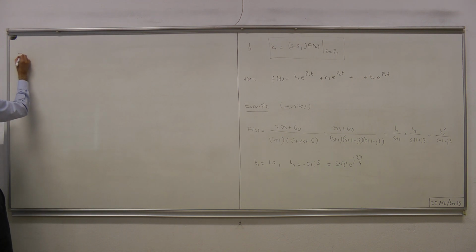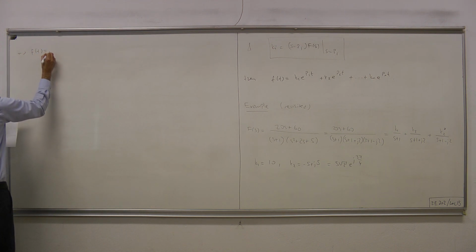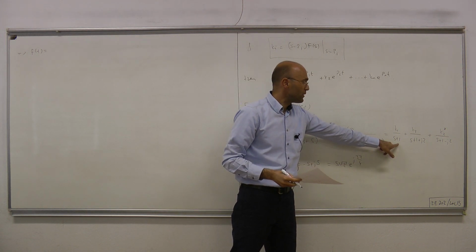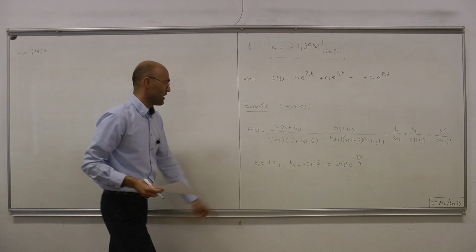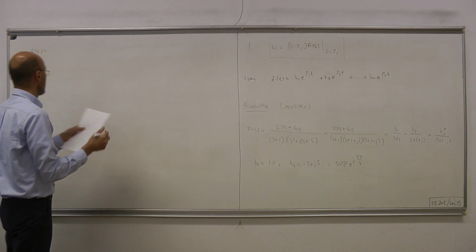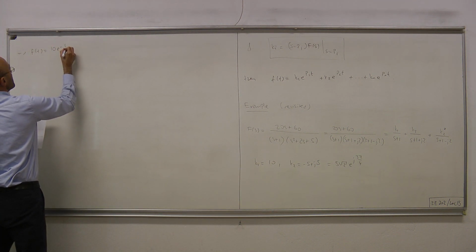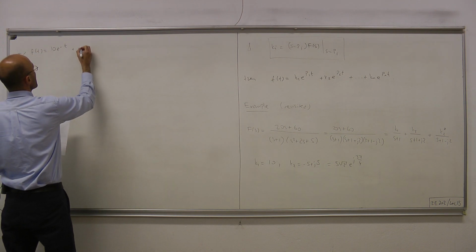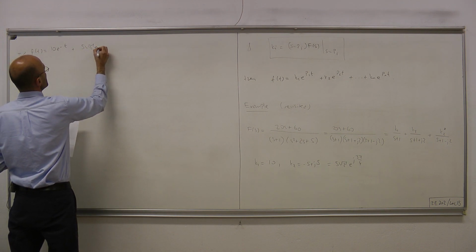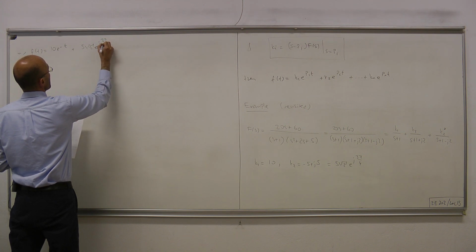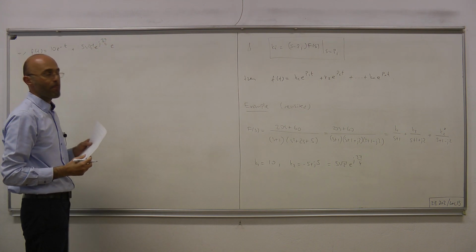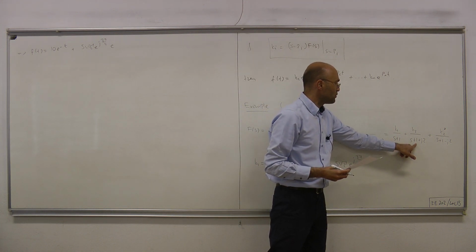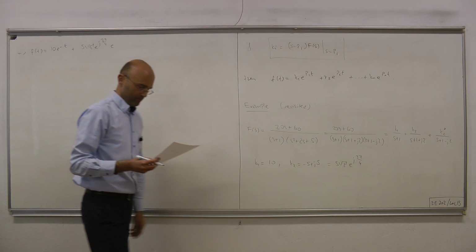Okay, so that yields f of t equals, okay, now this term will give k1 times e to the minus t. k1 is 10, therefore f of t equals 10 e to the minus t plus k2, 5 square root of 2 e to the j 3 pi over 4, then e to the p2 t, which is e to the minus 1 plus j2 t.